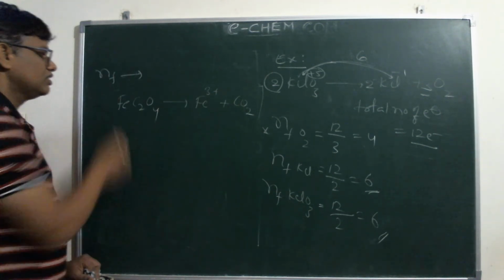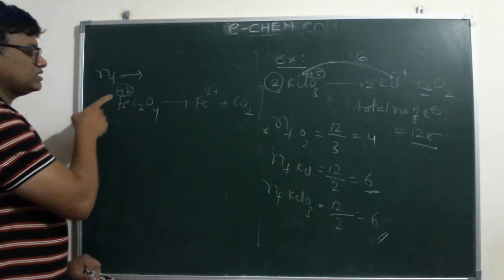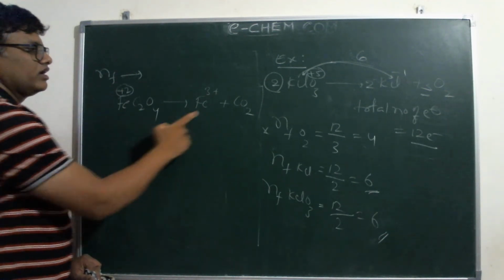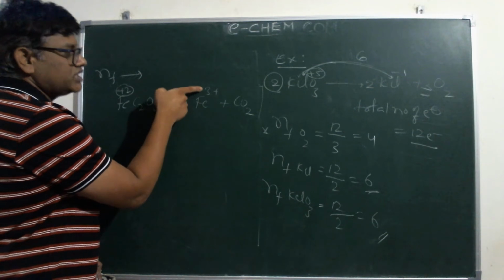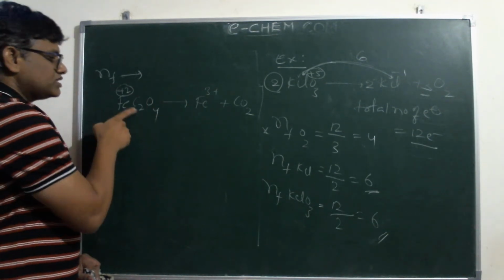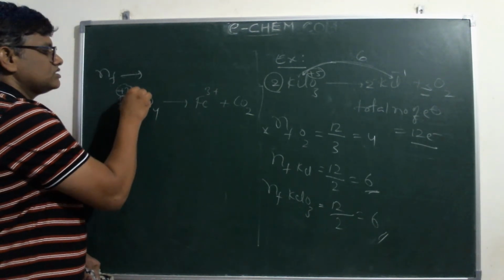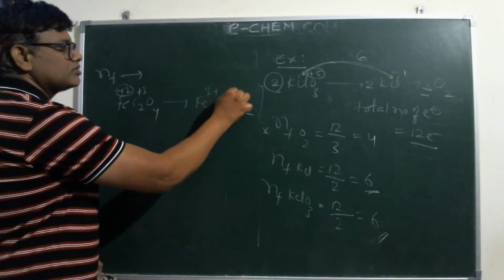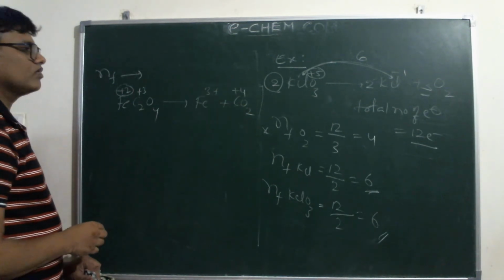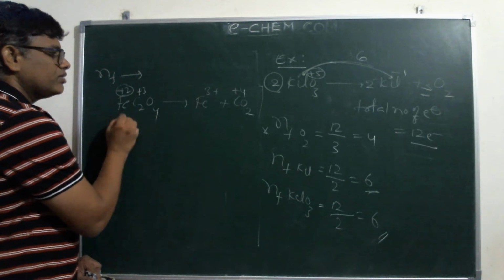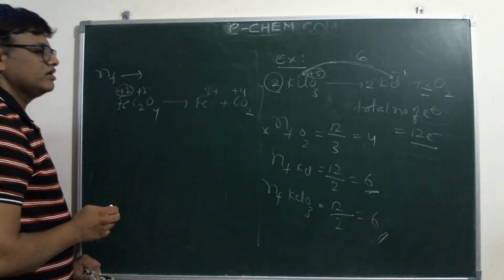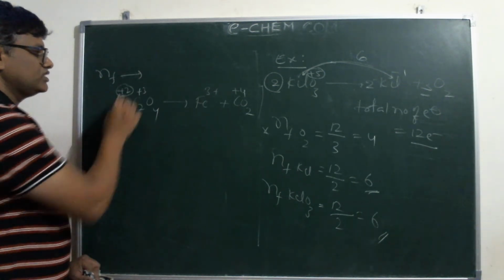Let's see how. Ferrous, oxidation state of the iron is +2, here becoming ferric, that is oxidation state +3. Oxidation state of carbon in this is +3, here becomes +4. So both iron and carbon are undergoing oxidation with increasing oxidation number.